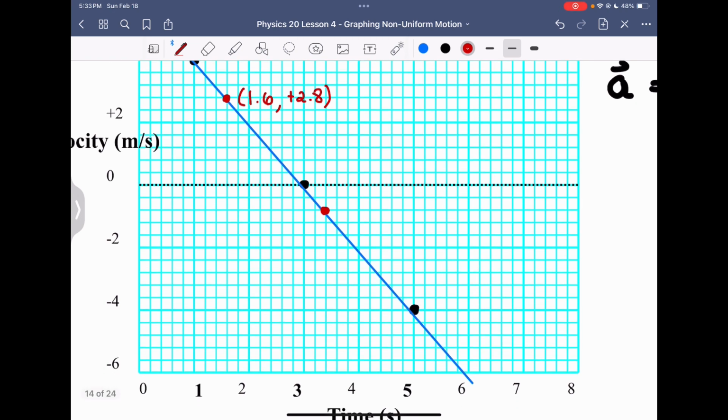Now, in terms of the other one, we're at 3.4, I believe, because we're 4 past the 3. And in terms of vertical height, we're 8 past 0 in the negative direction, meaning this is going to be negative 0.8, just to be good with that. Perfect. Okay, there's our 2 points.